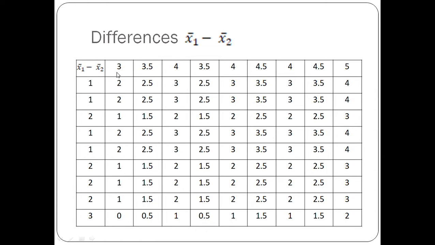Now we have to subtract the values of x bar 2 from x bar 1. So 3 minus 1 is 2, 3.5 minus 1 is 2.5, 4 minus 1 is 3, and like this we will compute all the differences, and here are 81 possible differences.